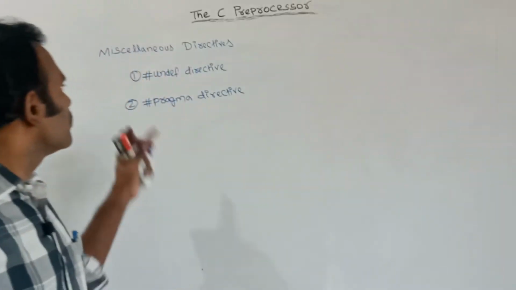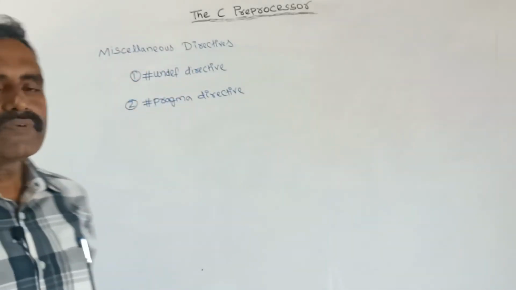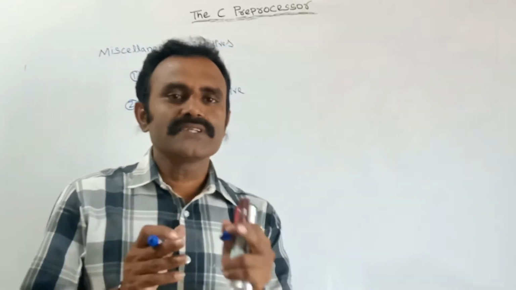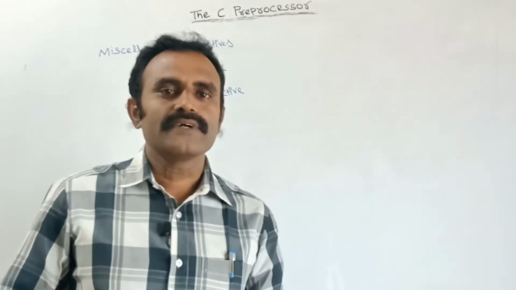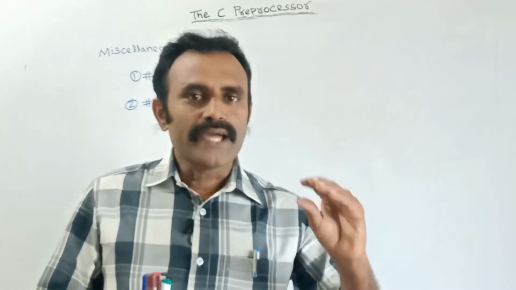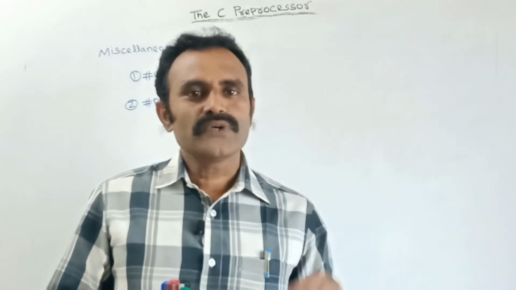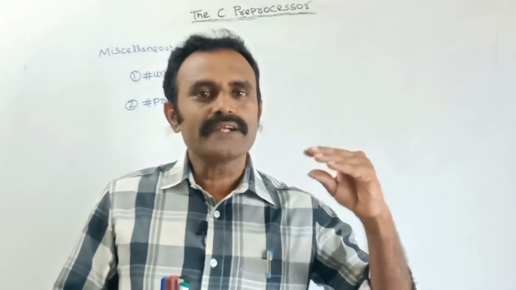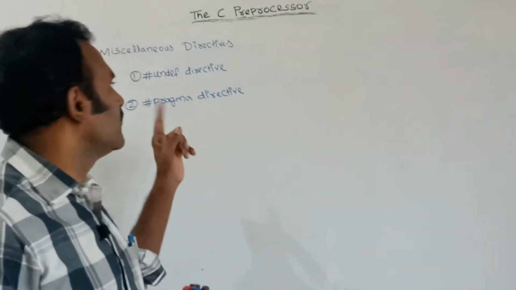Very first, this one, undef directive. For what purpose are we using this undef directive? This undef directive is used to remove a macro which we had already defined. So the existing macro definitions can be removed with the help of this undef directive.